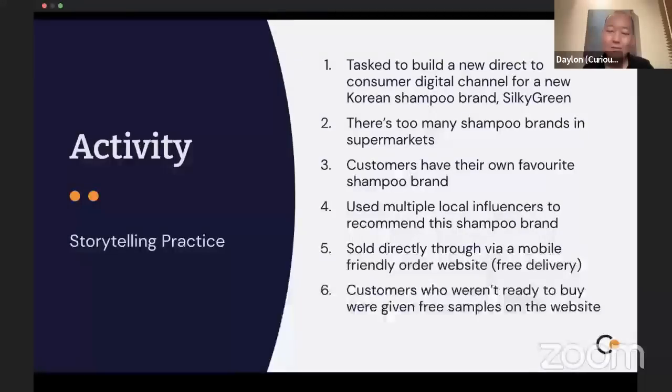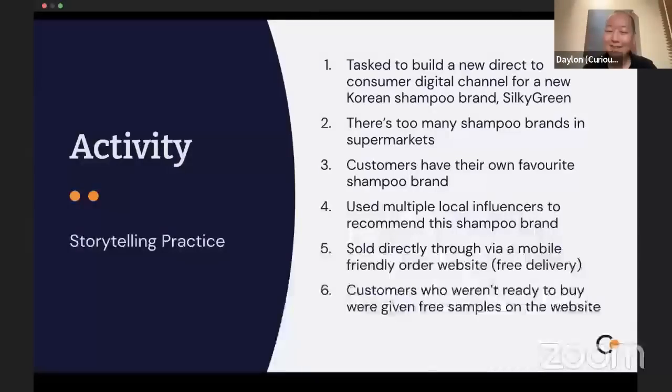But there is still the challenge of an oversaturation of shampoo brands in supermarkets. Customers already have a wide range of existing brands that they are loyal to. So the question is, how might we tempt customers, especially in the Gen Z bracket, to try something new?